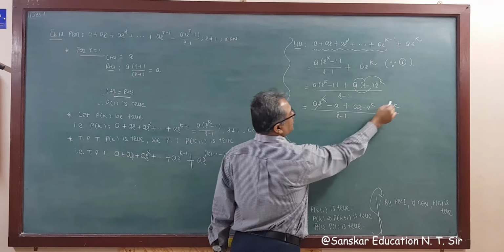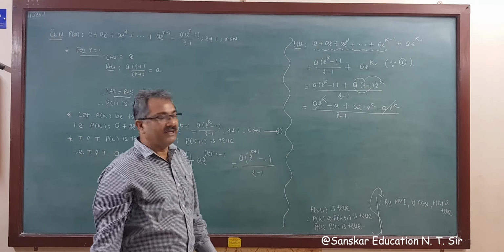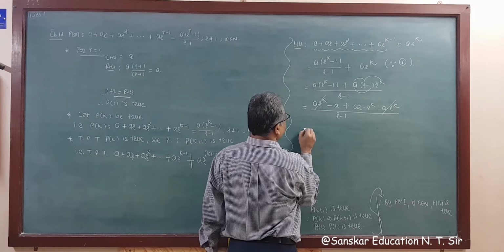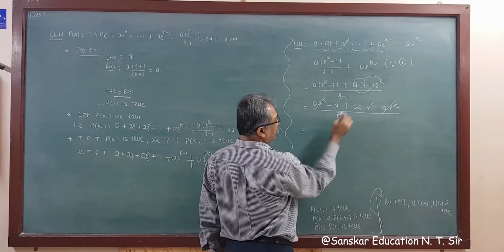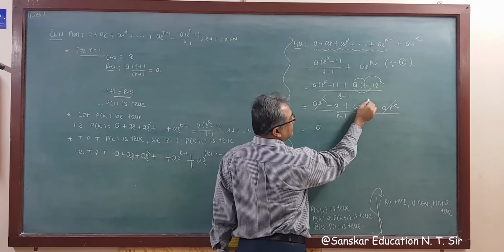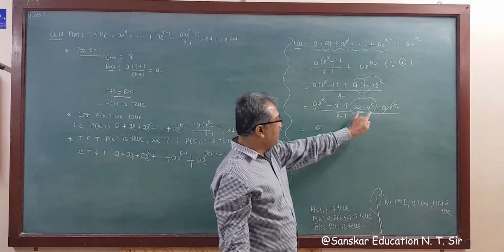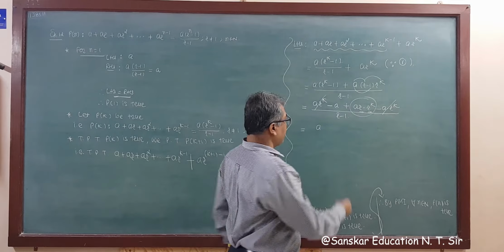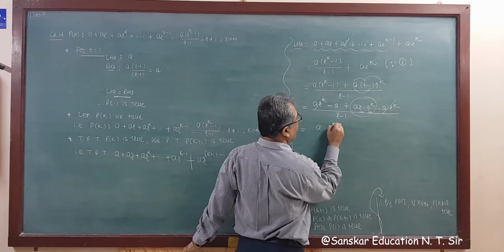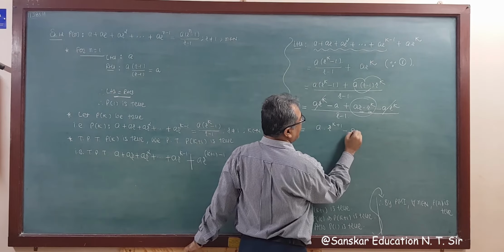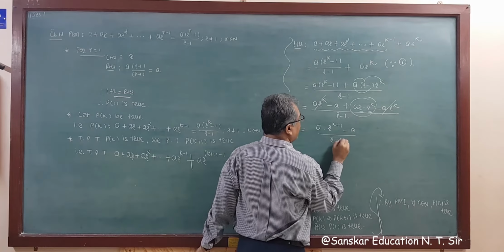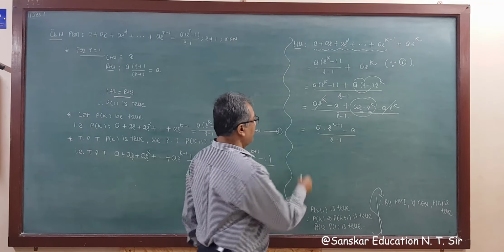Now this ar^k and this ar^k will be cancelled. So I am writing this plus term first, a. Now see here, base of both are same, and you know if base are same then we add the powers. So ar^(k+1) - a, whole upon r - 1.